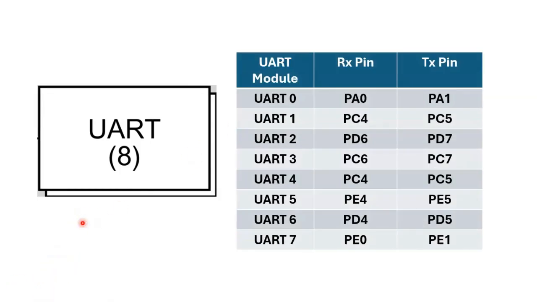Okay, so for example, let's take a look at UART 0. All right, so UART 0, the RX pin or the receive pin is allocated port A bit 0, that is PA0, and the transmit pin, TX pin, has been allocated port A bit 1, therefore it's PA1.